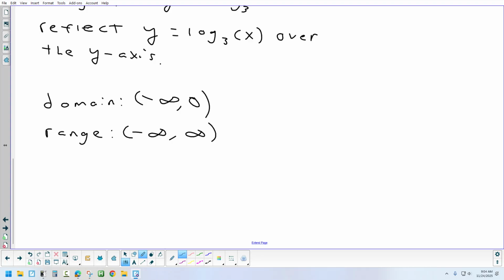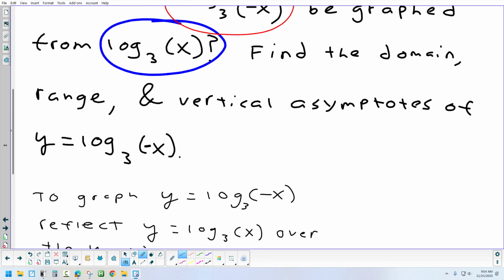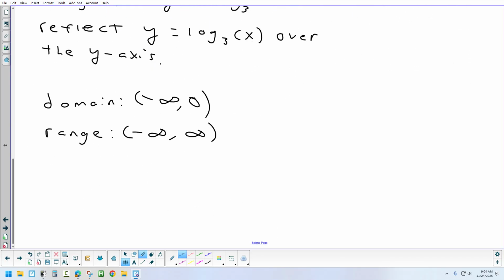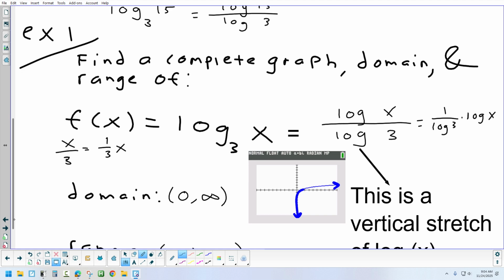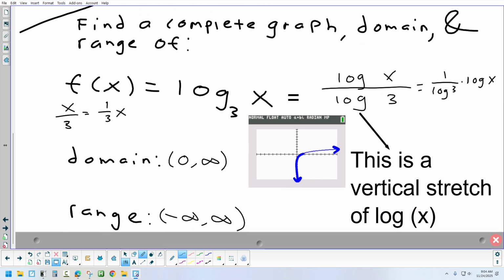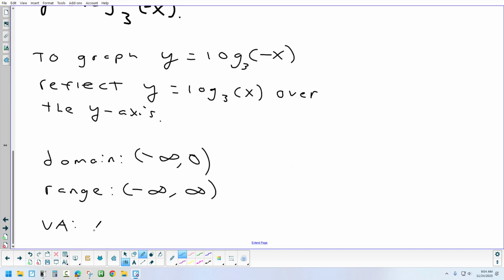Just like when you do an exponential, the domain is always all real numbers. And it's because they're inverses of each other. And I thought there was one more thing they wanted. Vertical asymptote. What would be the equation of the vertical asymptote if you reflect that graph over the y-axis? Yep. x equals 0. It's still x equals 0.